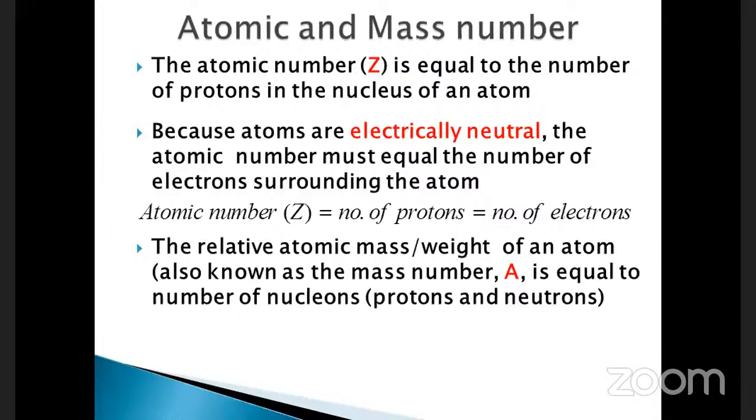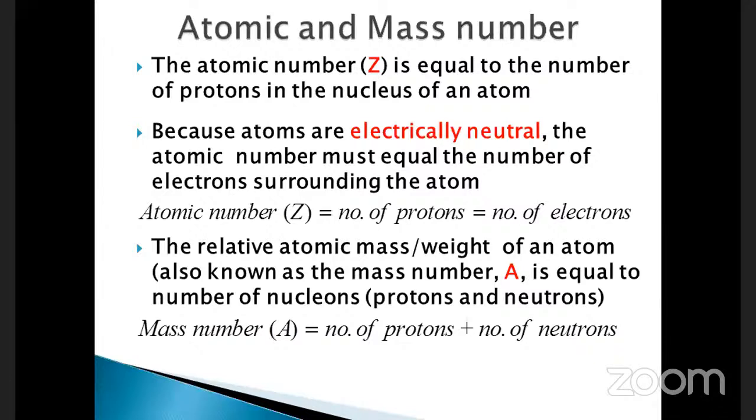The atomic number is usually represented by the symbol Z, whereas the atomic mass, the mass number, is represented by A, and it is the addition of the number of protons and neutrons.